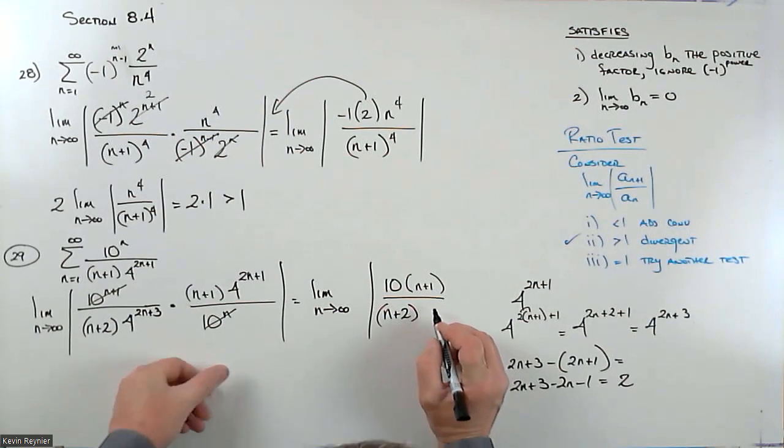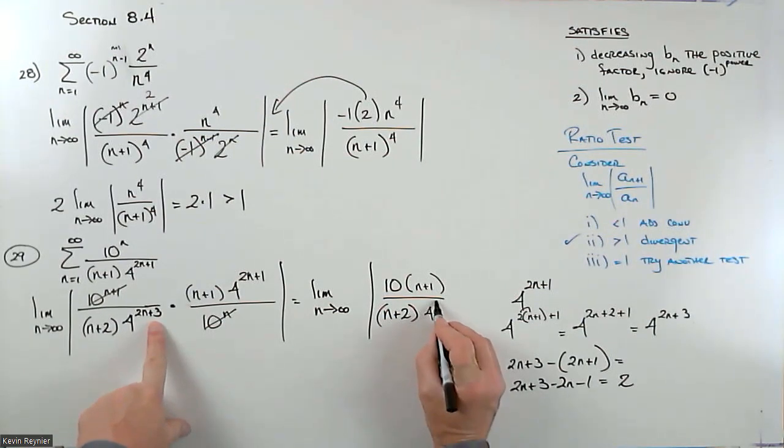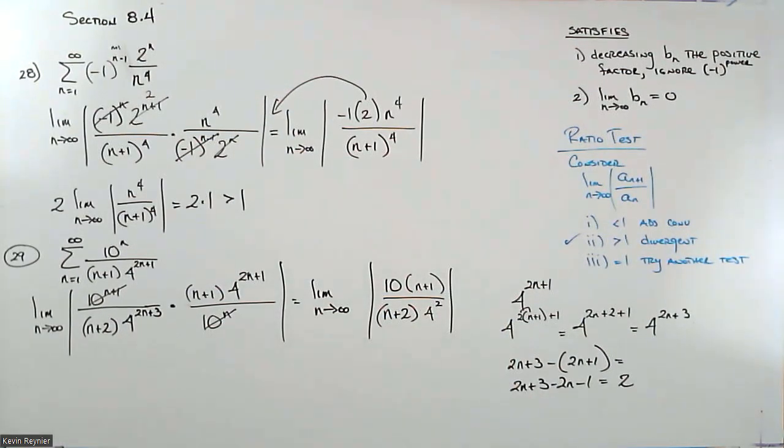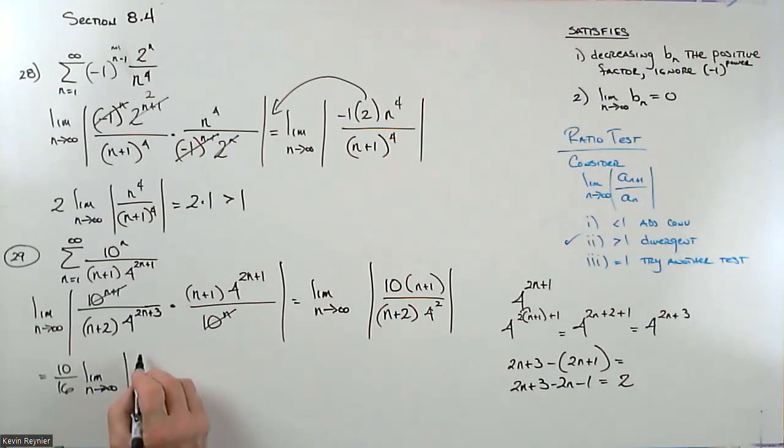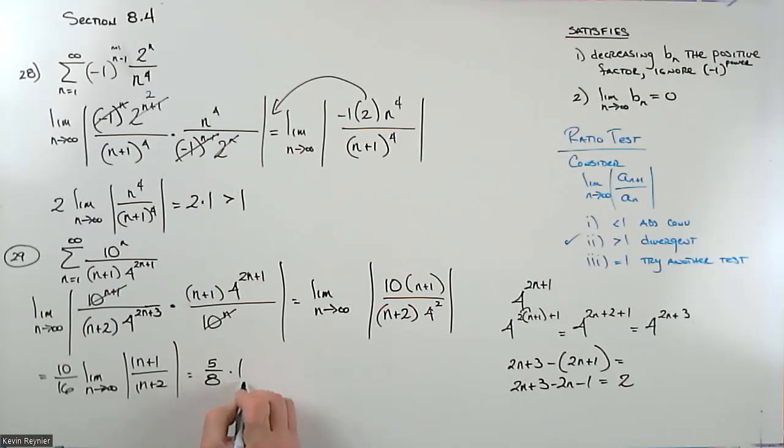So this becomes 4 squared on the bottom. Well, we have 10 over 16. The limit as n goes to infinity, and we have n plus 1 over n plus 2, 1 and 1. So we have 10 over 16, which is 5 over 8, times 1, which is 5 over 8, which is less than 1. So it converges absolutely.